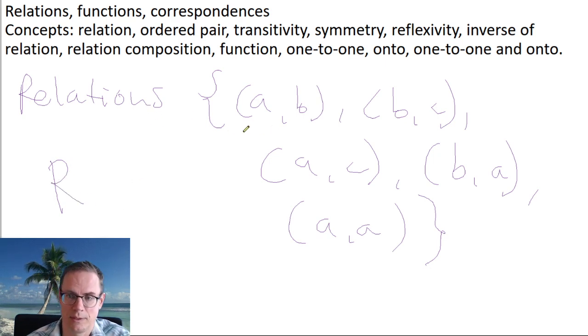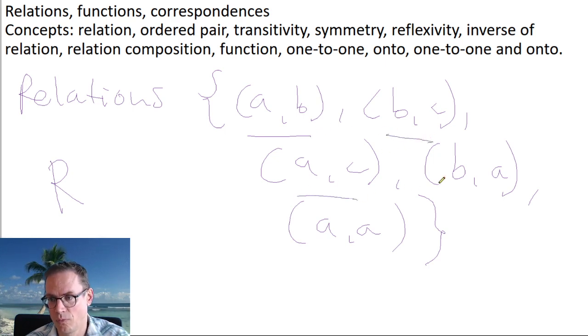Now, there's a number of interesting characteristics that you can ask about relations. Do they have this characteristic in question? The most important ones that we covered are: is the relation transitive? Is the relation symmetric? And is the relation reflexive? Now, when it comes to these questions, we have again to keep in mind the domain of the relation.